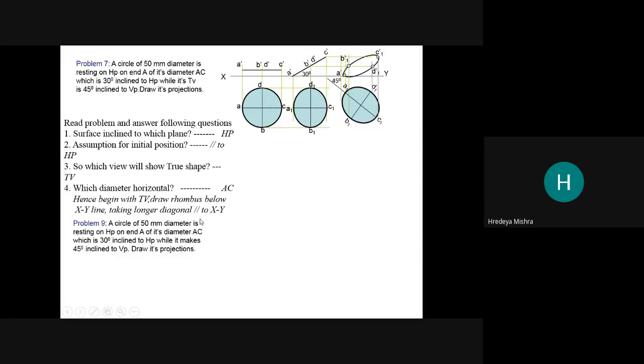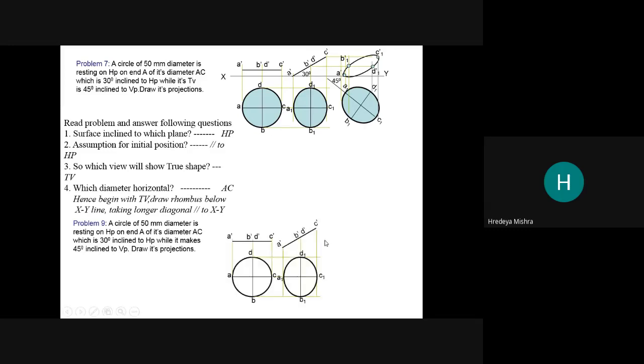A circle of 50 diameter, that is the same, resting on the HP, resting on the end A. Here the diameter is resting on HP, and its diameter AC is now inclined at 30 degrees. While we make it inclined, this is the same problem.